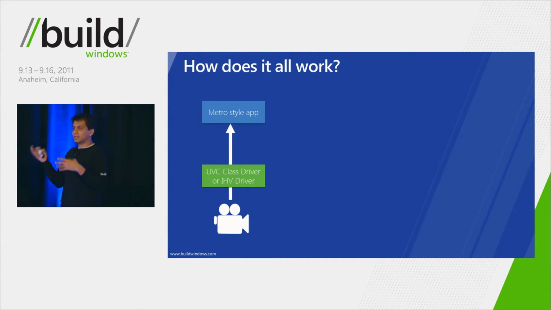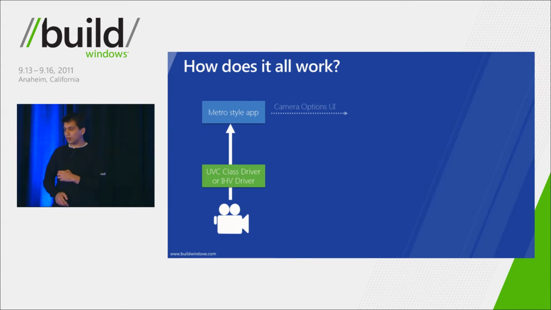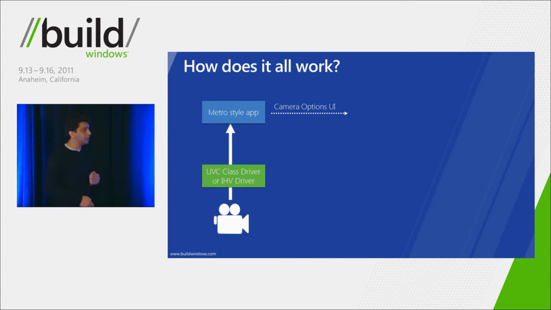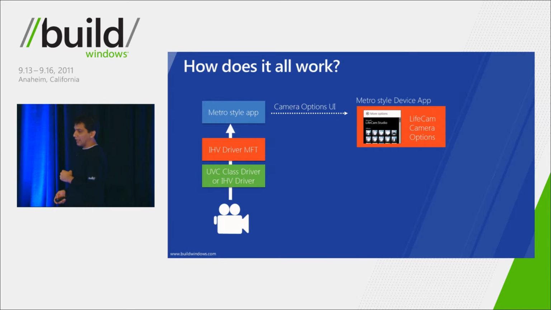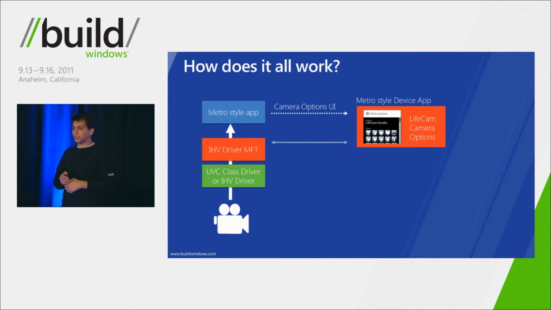Whatever the scenario is, it is running using the camera. And then somewhere along the way, the camera options UI API is called, and that launches the LiveCam camera options experience. That experience then starts interacting with this driver MFT, which sits in the pipeline for the main app.